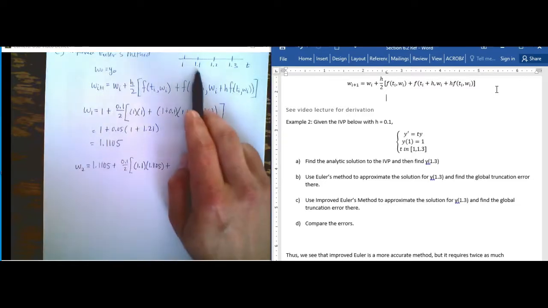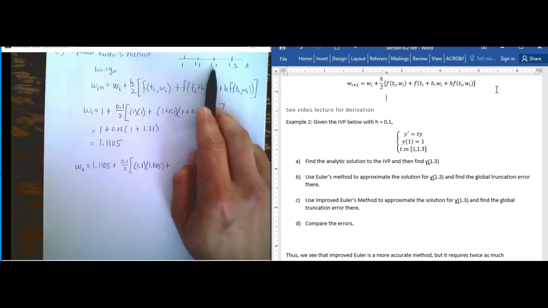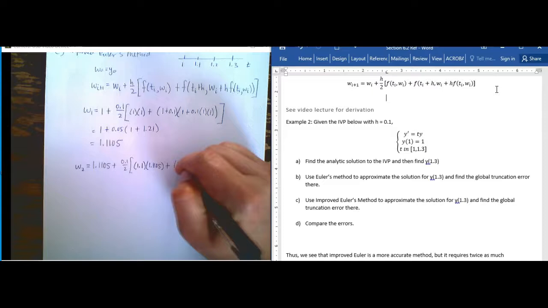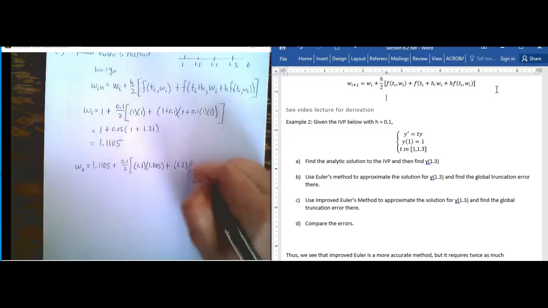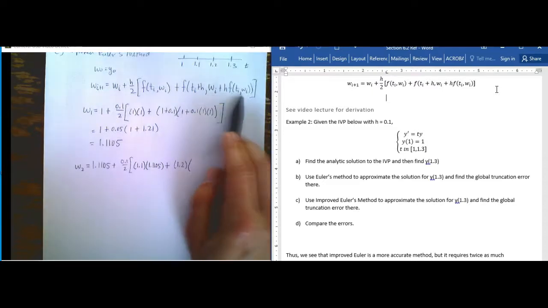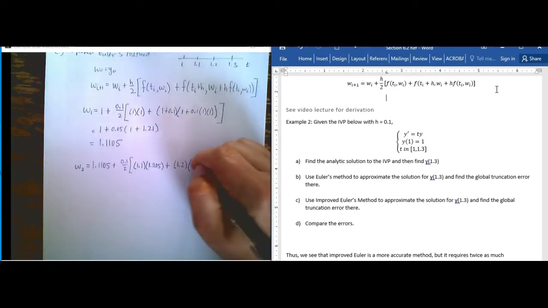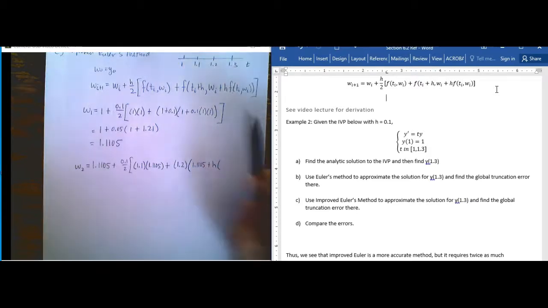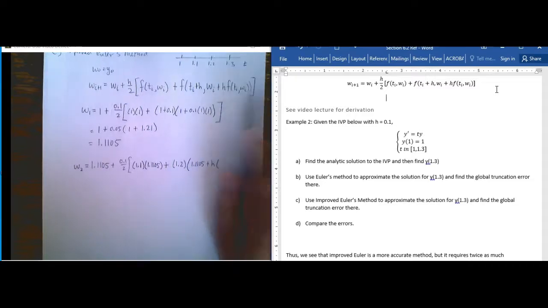So t1, which is 1.1, plus h is actually 1.2. Times, now this value here. So the previous w plus h times t1 w1. t1 times w1 from our formula.